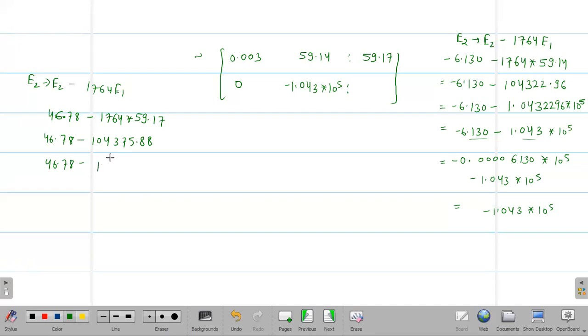So you have to write 1.0437588 into 10 raised to power 5. So let us make it also 10 raised to power 5.